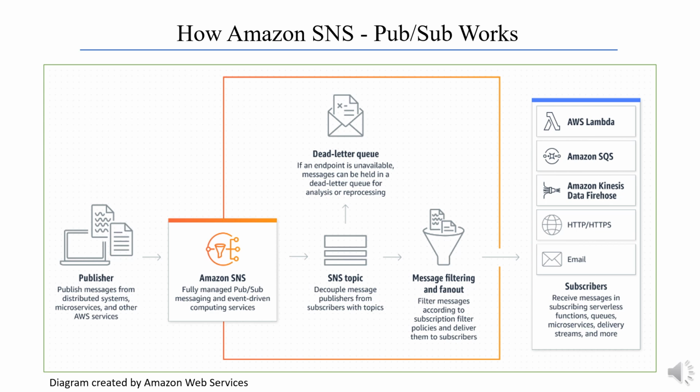These applications include Amazon Simple Queue Service, SQS, Amazon Kinesis Data Firehose, AWS Lambda, and other HTTPS endpoints. A2P functionality lets you send messages to your customers with SMS texts, push notifications, and email.